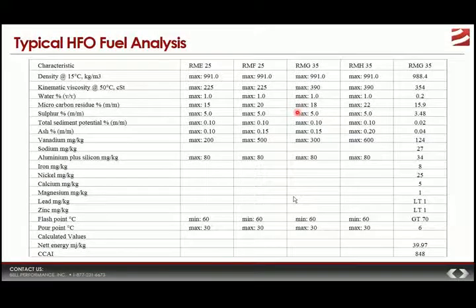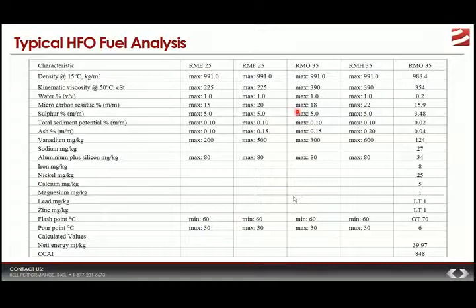Let's say, I'm not sure what the mile range, but let's say it's within 15 miles of the coastline. When the ship gets that close, they have to switch to much lower sulfur fuel, only 0.1% or about 1,000 ppm sulfur content. And that's been in place since January 2015.